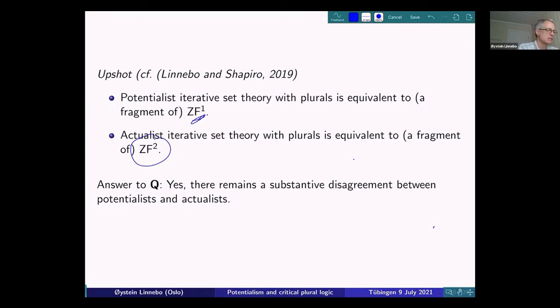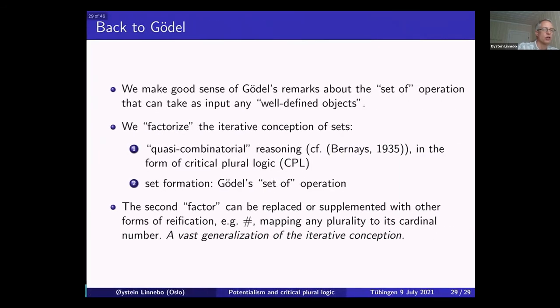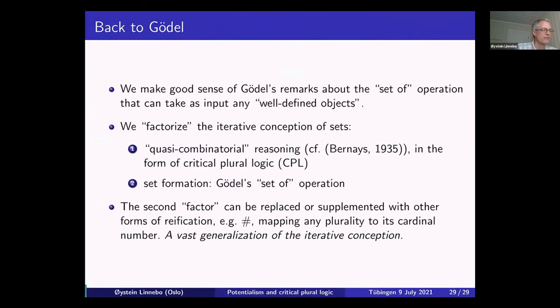So potentialists say that you only get first order set theory. Actualists disagree and say that when you add plurals to set theory, you get second order set theory. So that's a very real substantive disagreement. So the disagreement here has in no way collapsed or evaporated.